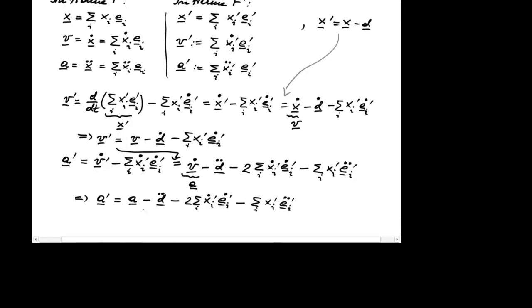Now this correction is how the acceleration that my colleague sees differs from my acceleration, and this term here is sometimes called the fictitious acceleration.